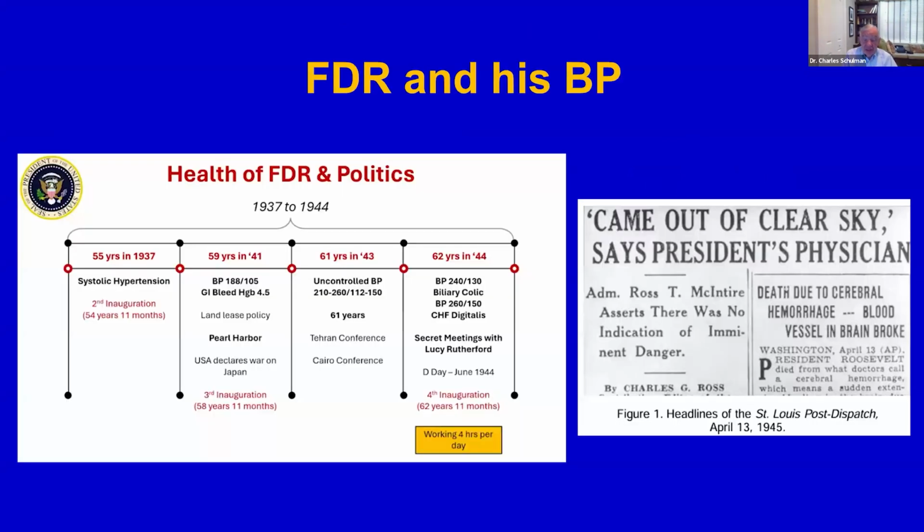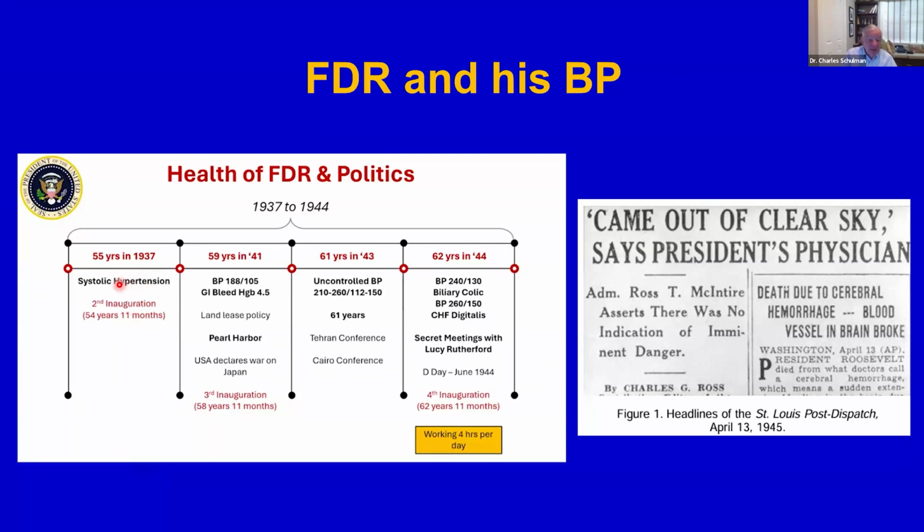So starting out with where we were, so to speak, I show you this information about President Franklin Delano Roosevelt and some of his blood pressure numbers from 1937 to 1944 or 45.